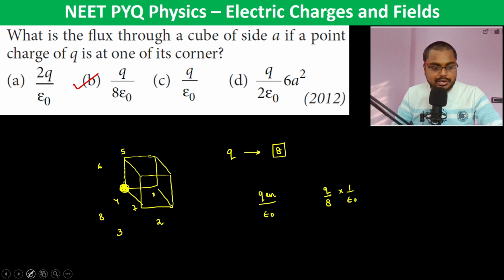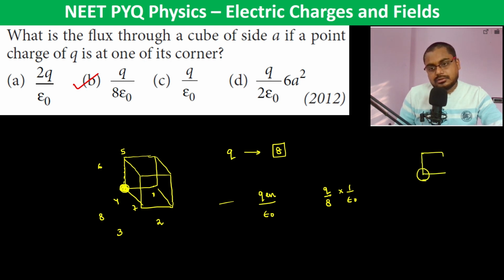Once again I'll show you. If this charge is located on one of the vertices, and we are seeing from this side, this is what we are going to see.